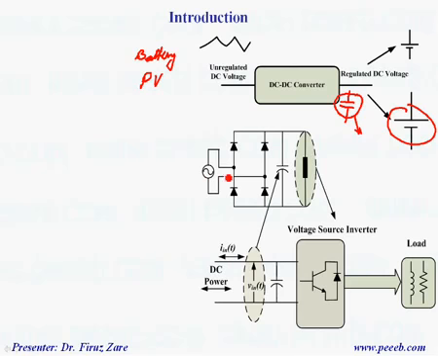And if we have a rectifier, for example here, if you look at a single phase rectifier, to improve the output voltage, to reduce the ripple, we may need to have a capacitor. So that's why this capacitor is a voltage source for the inverter and is a filter for either the rectifier or DC-DC converter. So when we define a capacitor, that means we have a voltage source here, which can be a PV, battery, or grid voltage through this diode rectifier.